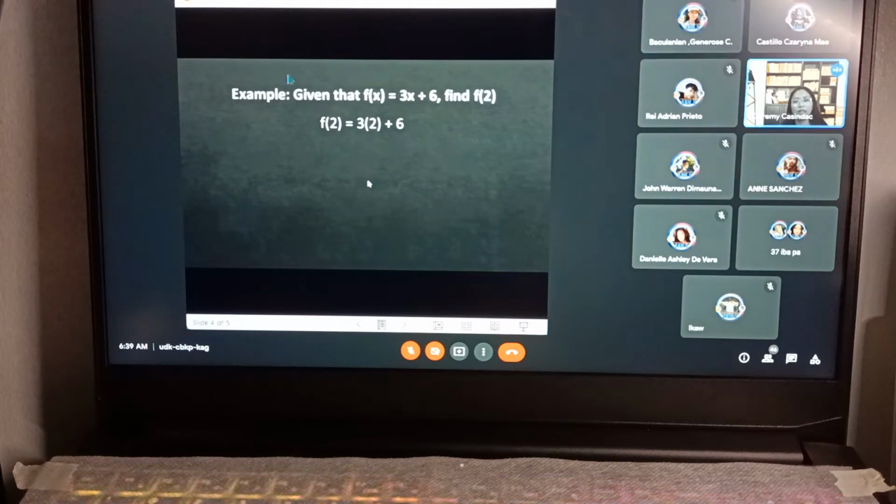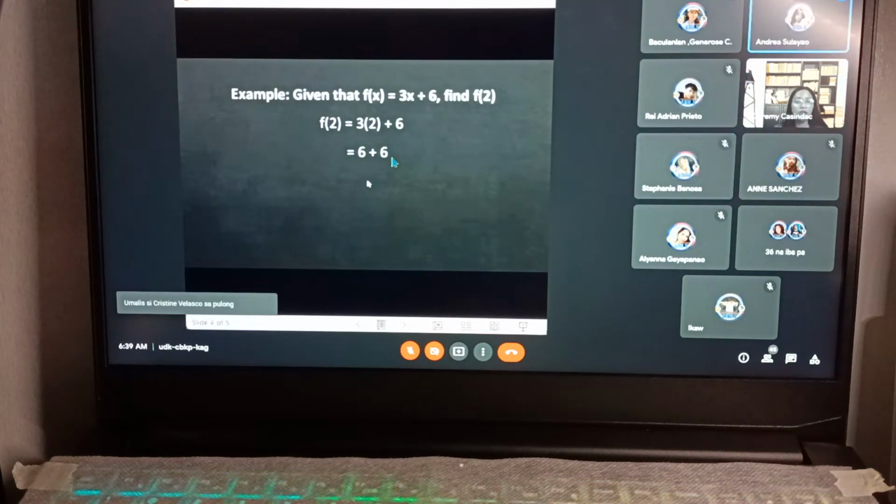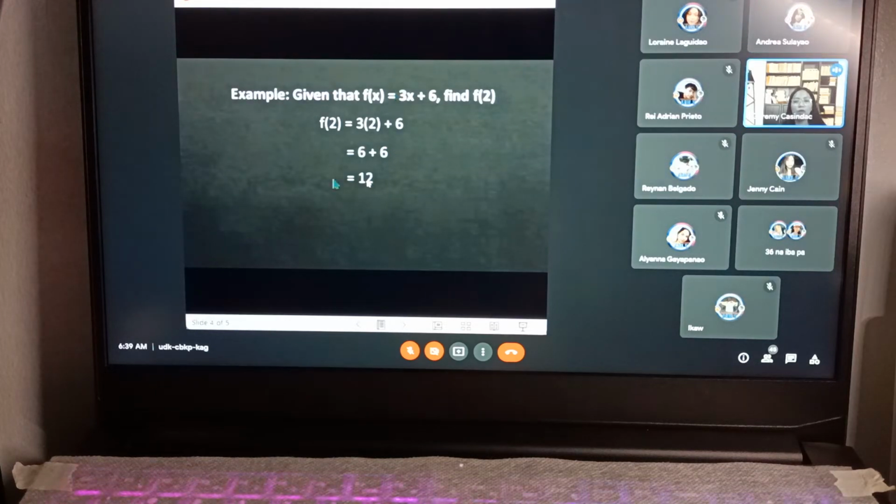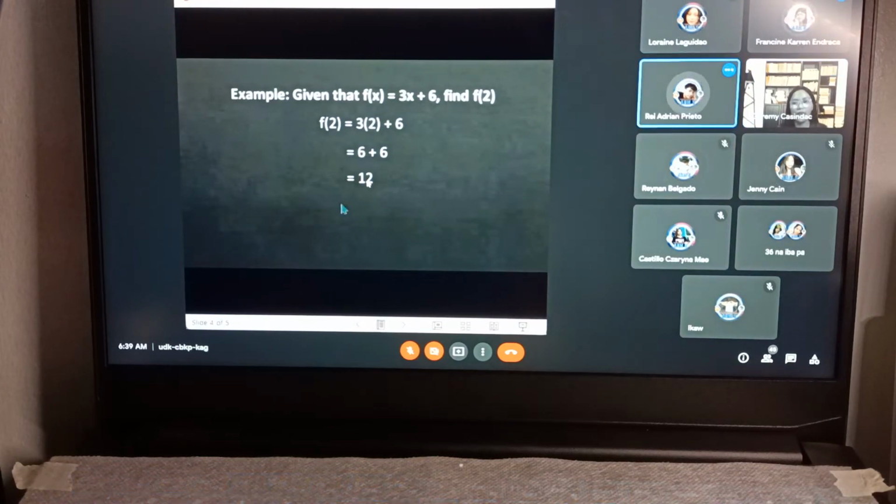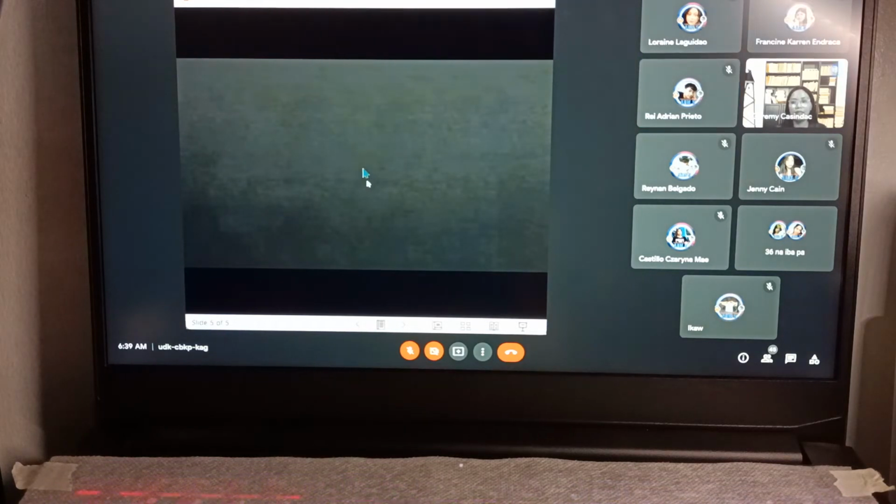Okay, that's correct. So now we have the second solution that is equals to 6 plus 6. So therefore, our final answer now is equals to what? 12 po. That's correct. So therefore, f of 2 is equals to 12. Okay, nakasunod po ba? Opo. Yes po. Next.